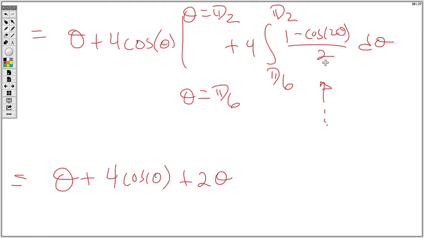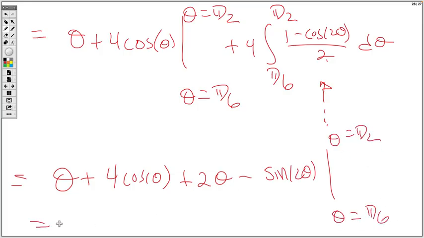You're going to get a minus 2 cosine 2 theta. That's going to integrate to a minus sine of 2 theta. And once you go through that arithmetic, you're going to get your answer, which will be square units because it's an area. Make sense or not?